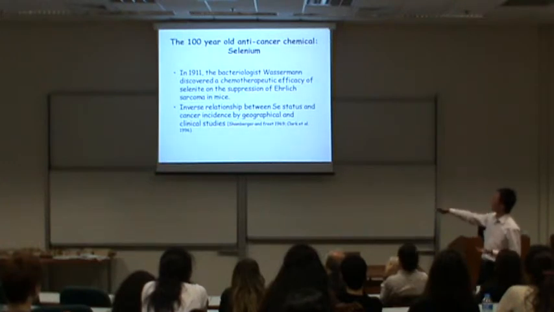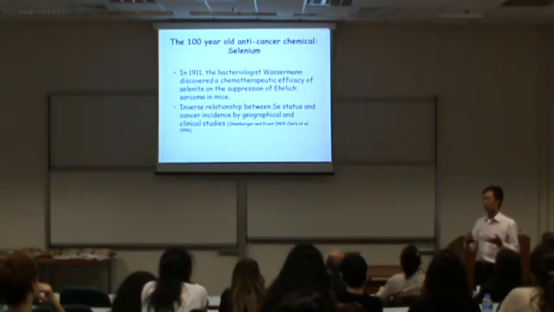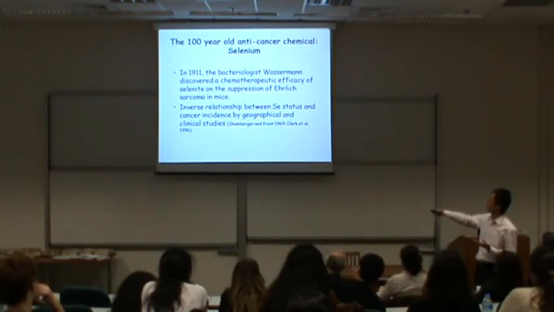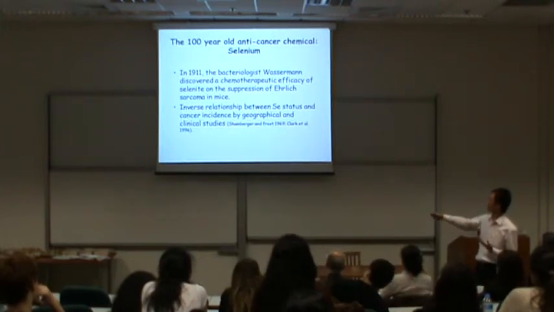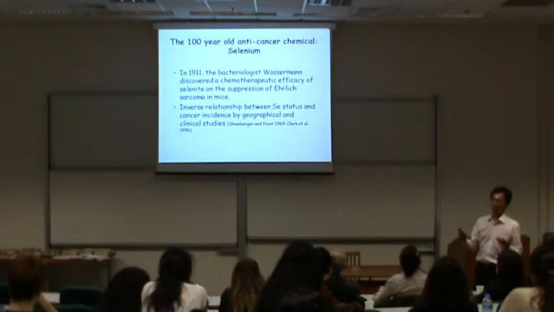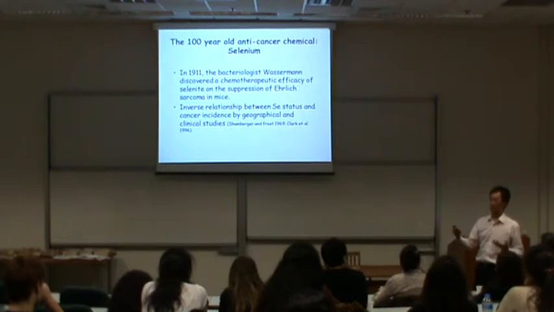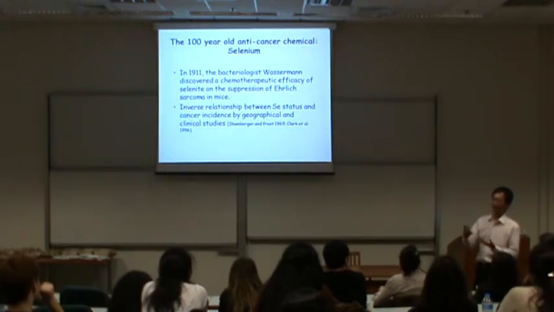Later on, based on geographic and clinical studies, they found a correlation between selenium deficiency and cancer incidence. For the geographic data, they looked at individuals living on a land and their cancer incidence, and also measured the selenium content of the land. They found people who live on land low in selenium have a high incidence of cancer.